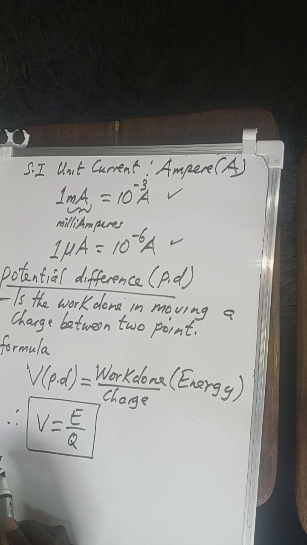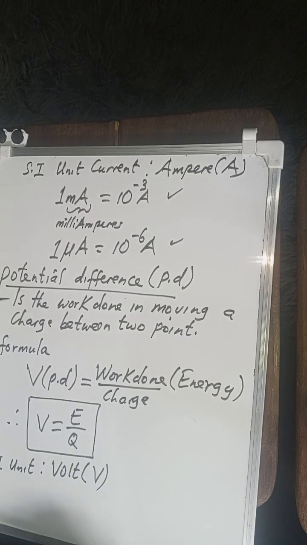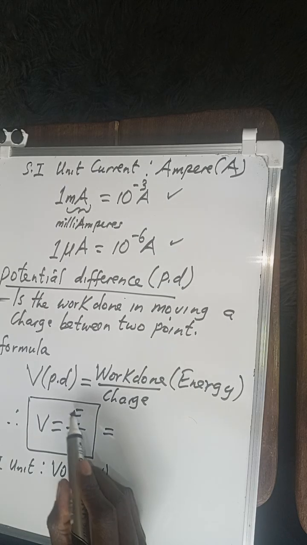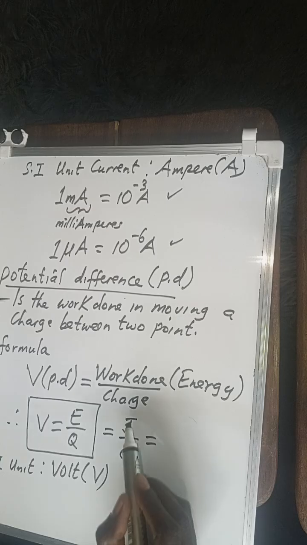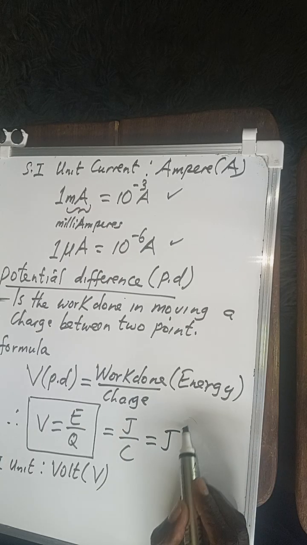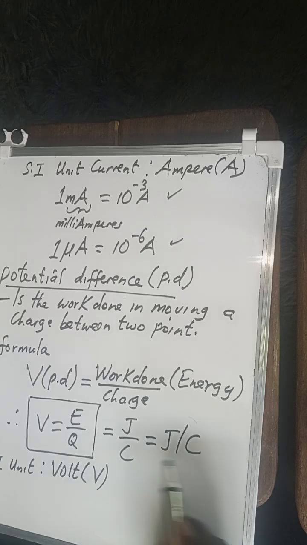But what is the SI unit for potential difference? Well, the SI unit is simply the volt, which is represented by the capital letter V. Now, suppose you don't find that. Remember that energy is measured in joules and charge is measured in coulombs. So combining that, we are going to have joule per coulomb. So what's the relationship between a volt and joule per coulomb?